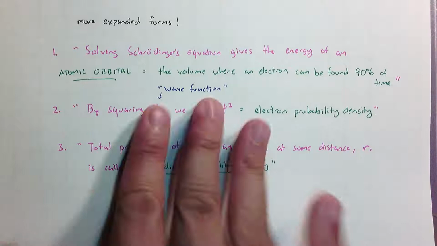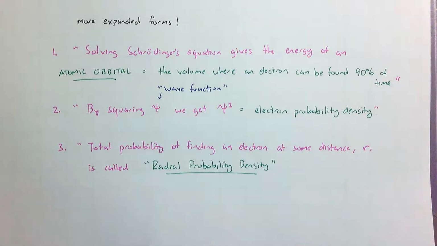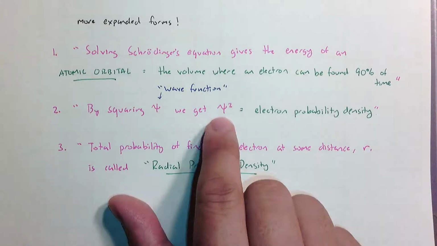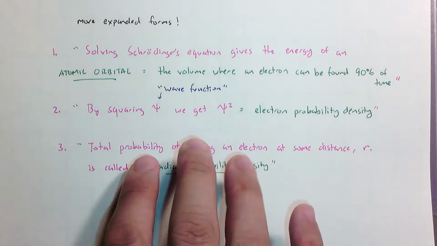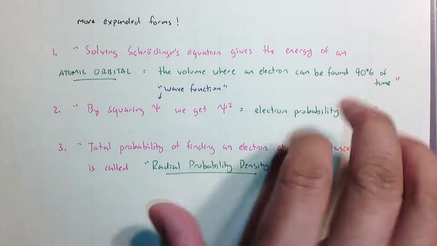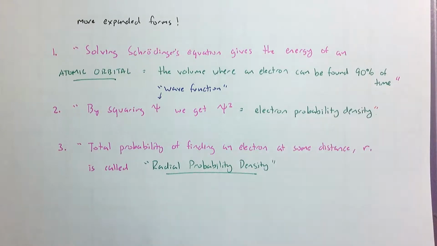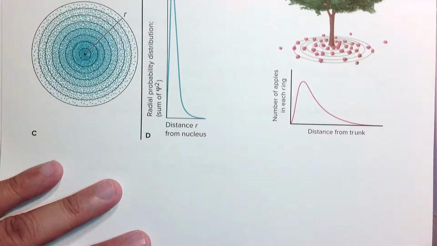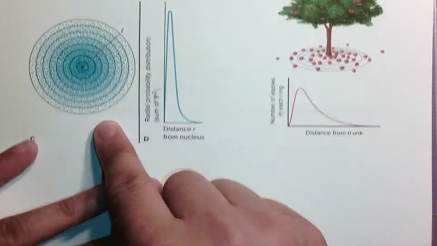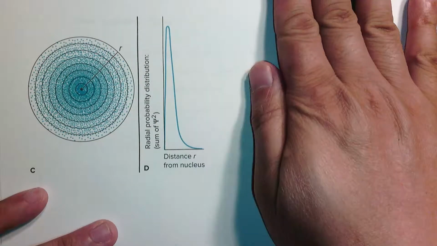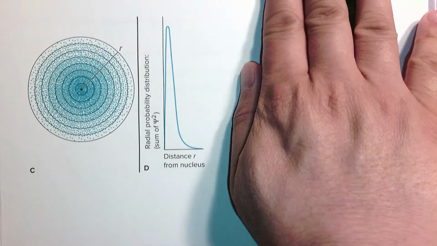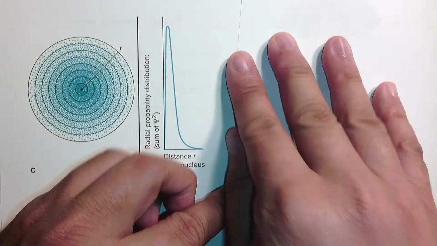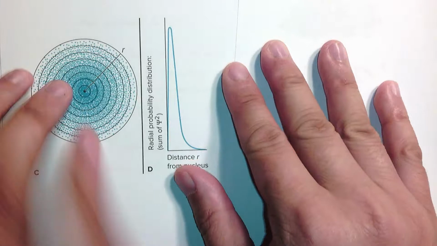I promised you a picture that will help you understand this idea of psi squared and where an electron can be found, in this case 90% of the time. And that picture is this picture right here. Let's ignore the tree on the right for now. Imagine this is a sphere.